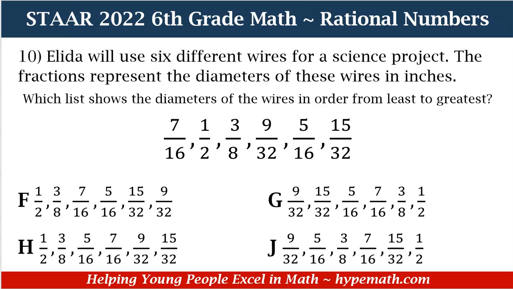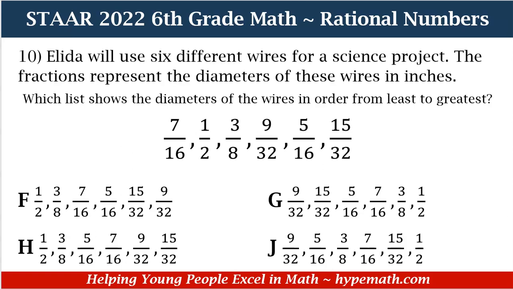For answer choice H, it is 1/2, 3/8, 5/16, 7/16, 9 over 32, and 15 over 32. Lastly, we have J, 9 over 32, 5/16, 3/8, 7/16, 15 over 32, and 1/2.